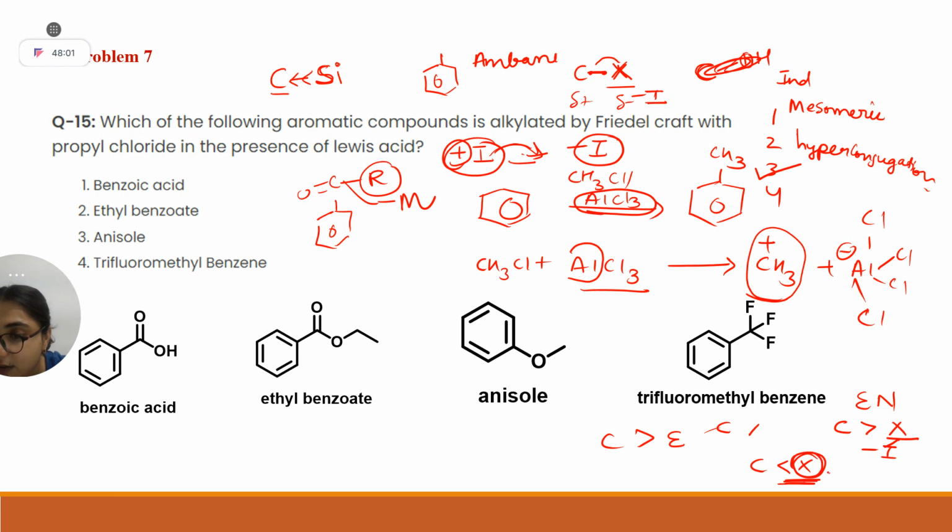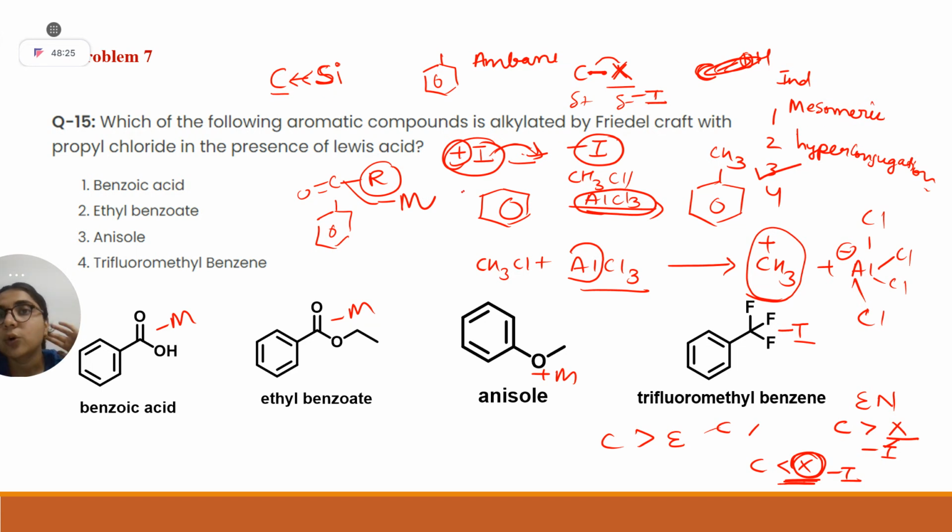It will be minus I. Good. Now you can easily understand this is your minus M, this is plus M, and I will tell you why it is plus M, and this is minus I which I have already discussed. So inductive you are clear now. You just have to analyze the atom with respect to carbon.